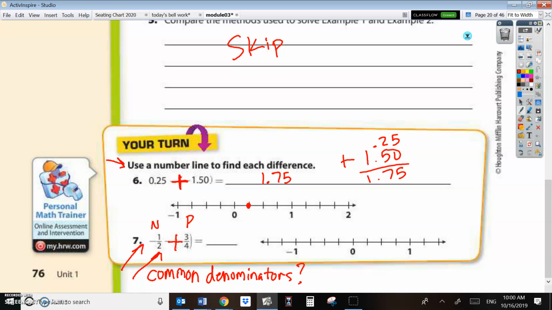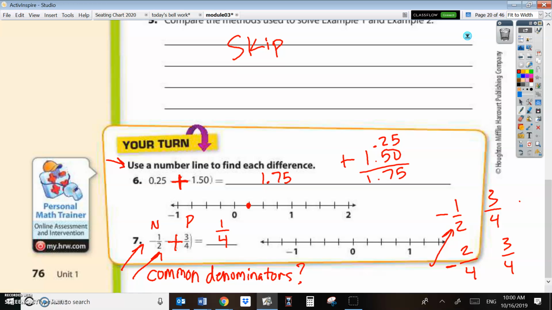So 1/2, change this to 2 over 4, and that's 3 over 4. But remember that this is negative, so you need to subtract. Different signs, subtract. 3 minus 2 is 1. And then take the sign of the larger number.